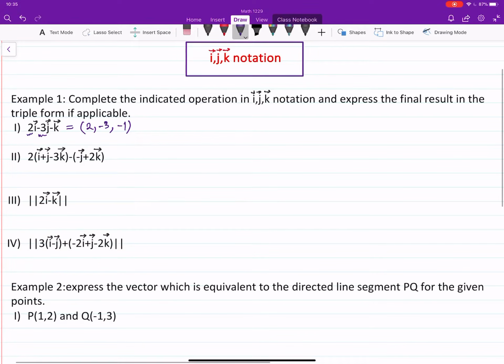How about this one here? We have the scalar multiplication and the subtraction. What we can do here is just go ahead and do everything in IJK form. Take them as variables. So here I will distribute 2 over the bracket. So 2I plus 2J minus 6K.